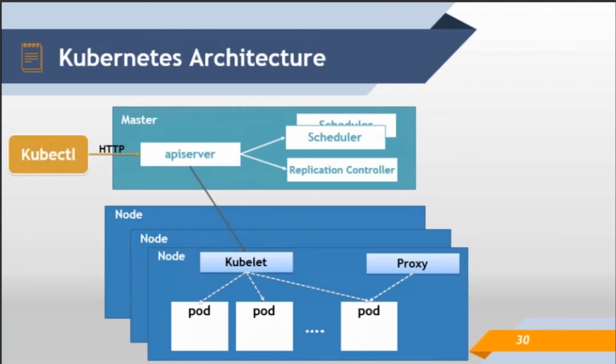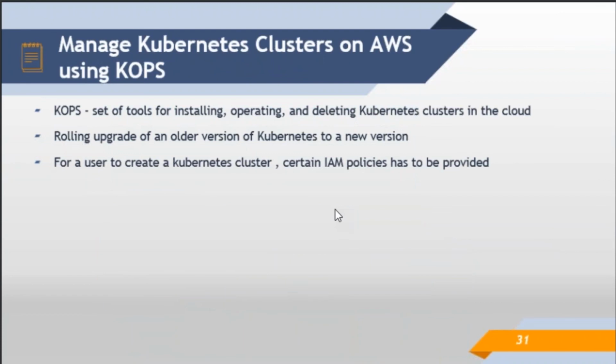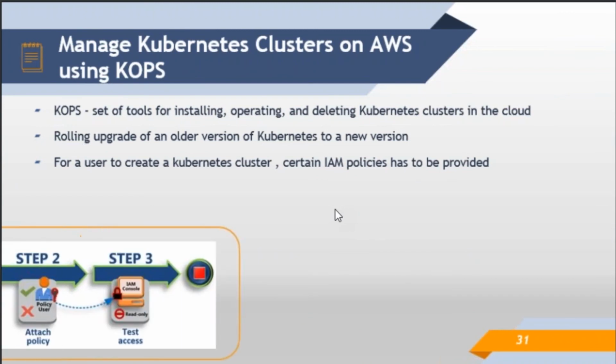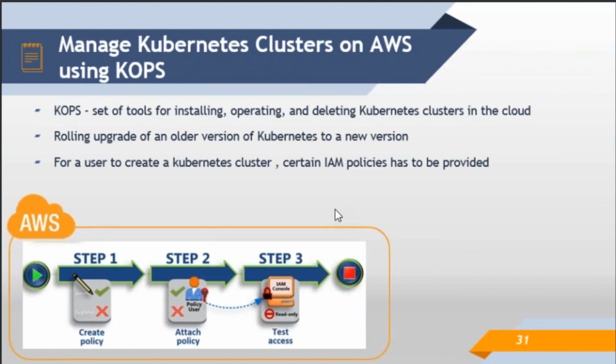The Kubernetes architecture is very simple. Kubernetes has pods at the lowest level, which run your business. They have nodes. The nodes are the physical machines on which your pods are running. They communicate via kubelet to the API server. There is a replication controller which keeps track of the pods and continues to replicate them if there is some problem in the running instances.